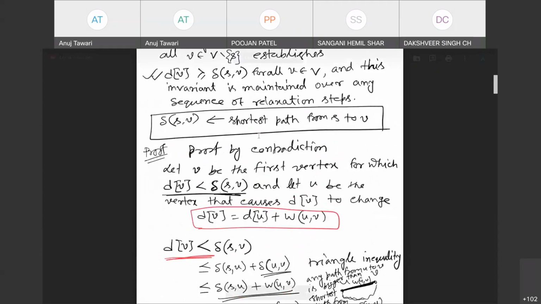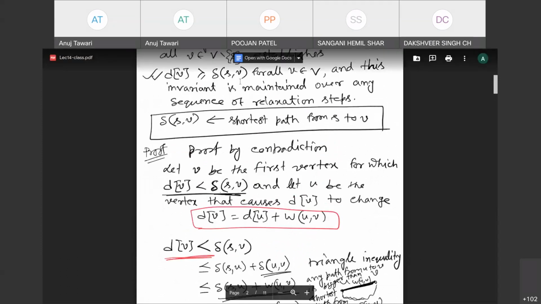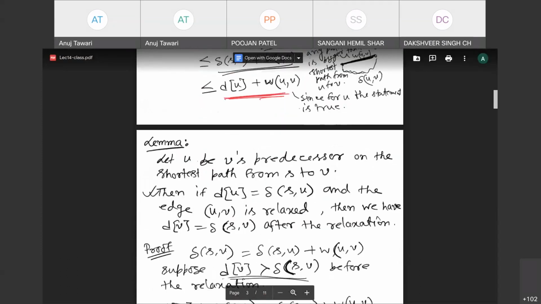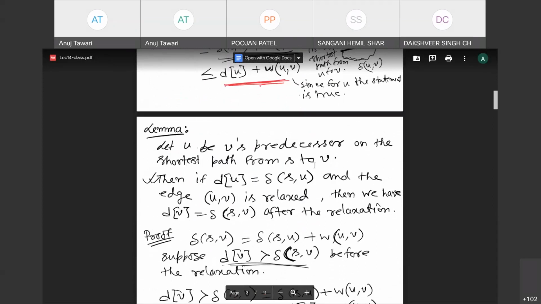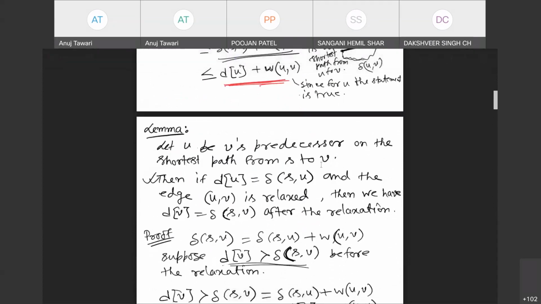So we know that this condition is always satisfied, and let U be V's predecessor on the shortest path from S to V. So U is the vertex immediately preceding V on the shortest path. Then if du equals delta SU and the edge UV is relaxed, now we want to show that dV equals delta SV. We already know that this is greater than or equal to, but now we want to show that after this edge is relaxed, it is exactly equal to the length of the shortest path.